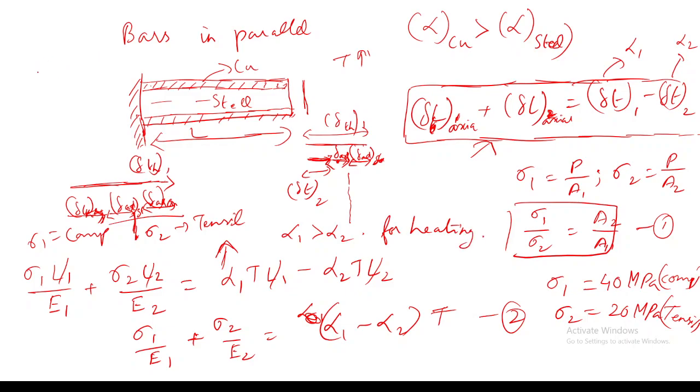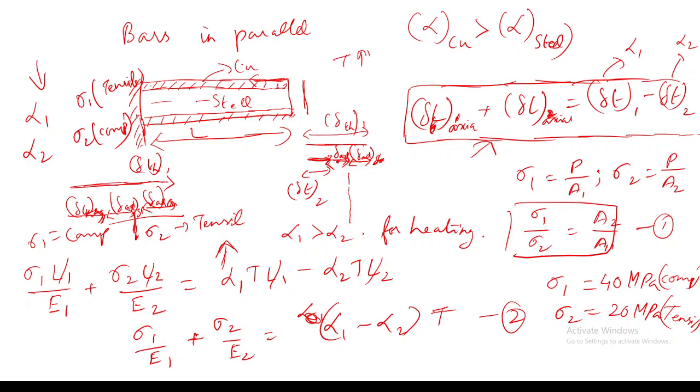And if I am cooling the whole setup, what will happen? Corresponding to alpha 1 I will get sigma 1 as tensile, and corresponding to alpha 2 I will get sigma 2 as compressive. The opposite I will get. During cooling, the copper tube will try to compress a lot faster but steel will restrict it.